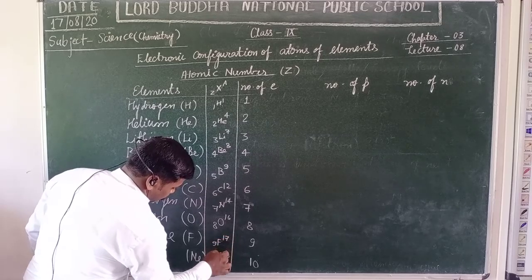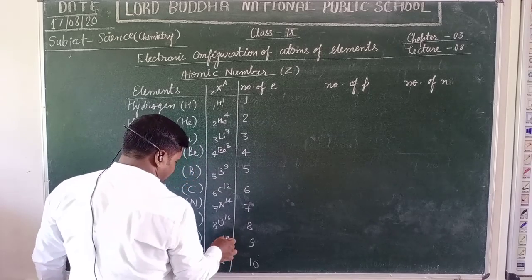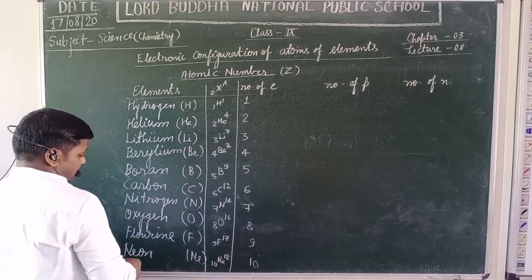Fluorine has 17.4.99. It can be taken as F17.